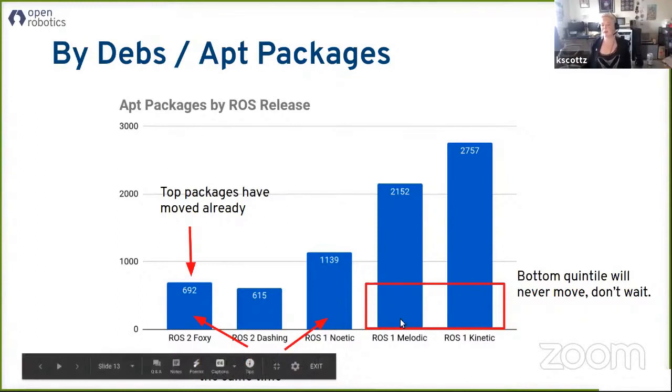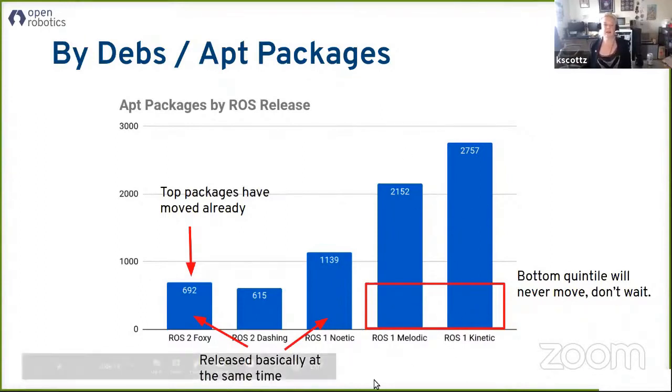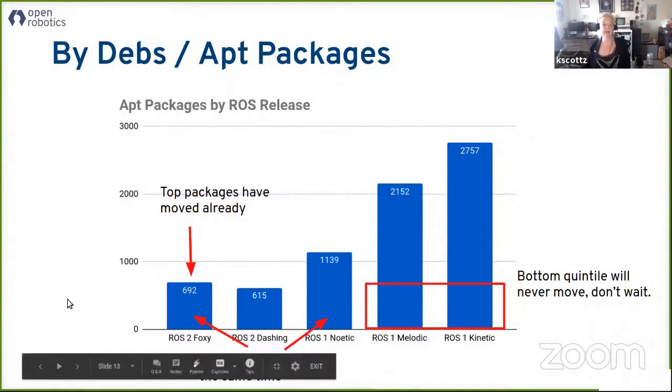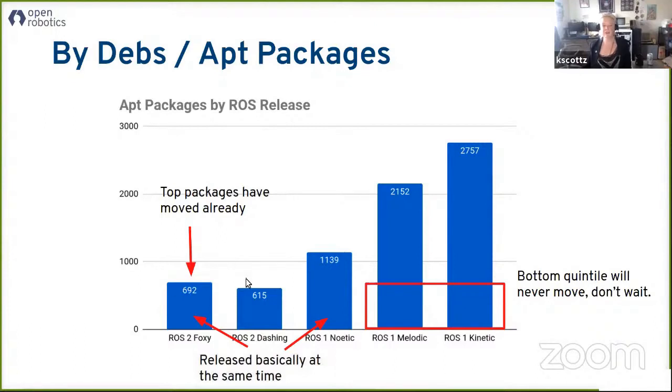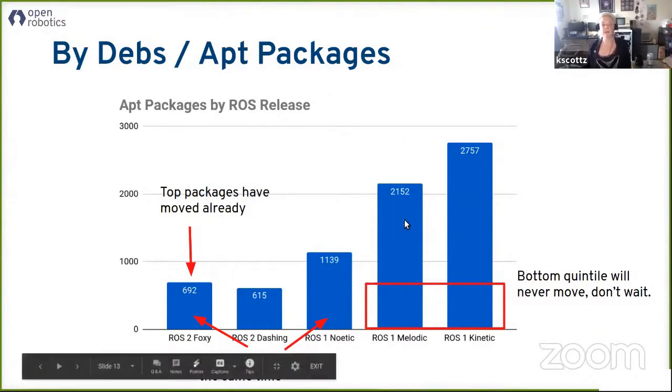This chunk, I don't think, is ever going to get moved over. So discount that. And 692 is a fairly large number if you consider that it's mostly the bigger-ticket packages that people really are using all the time.